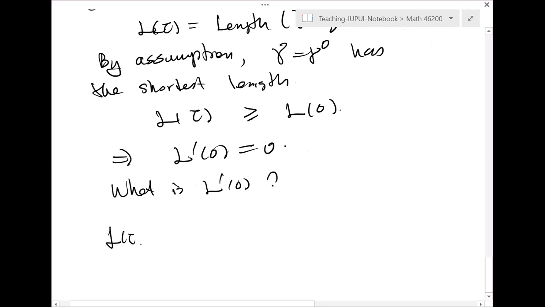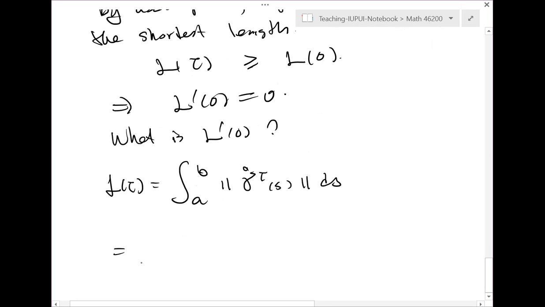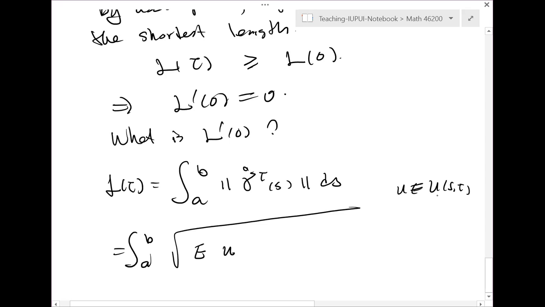So this is going to be L tau. It's going to be the integral from A to B of the norm of gamma tau S. This is going to be the integral of E, and U is a function of S and tau.